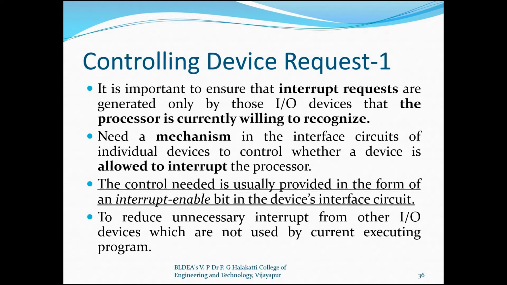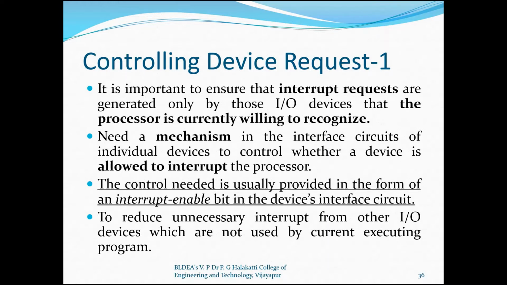Now, controlling device requests is one of the important things. It is important to ensure that interrupt requests are generated only by those input-output devices that the processor is currently willing to recognize. Now, we need a mechanism in the interface circuitry for individual devices to control whether a device is allowed to interrupt the processor or not.